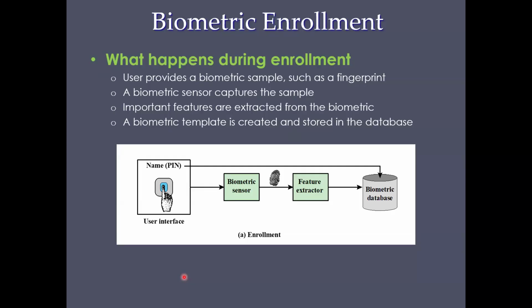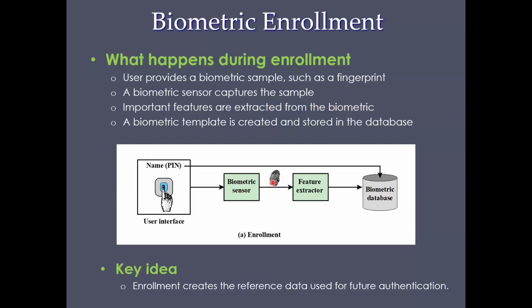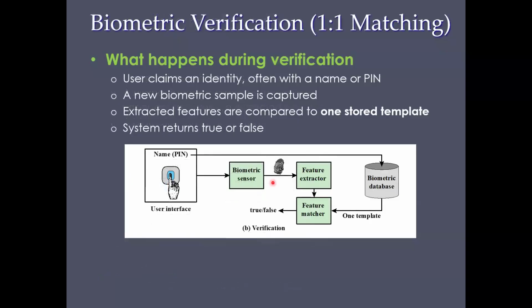The user provides a sample, maybe a fingerprint, and we have some sort of sensor that takes that fingerprint and changes the data type using feature extraction, and we store it in a database. So the enrollment creates the reference data, and that data is used for future authentication. That is the first step.